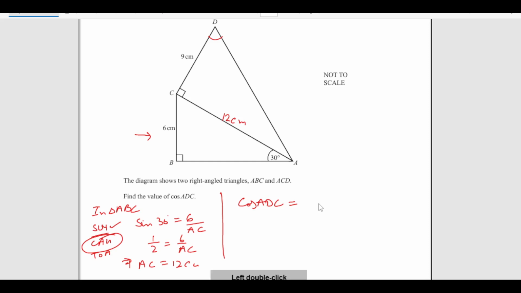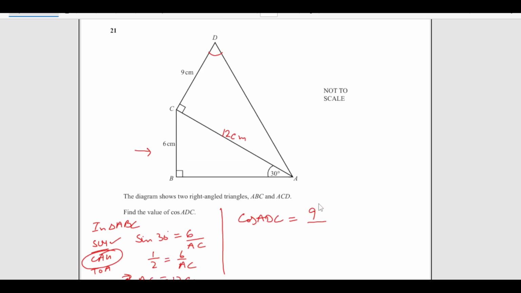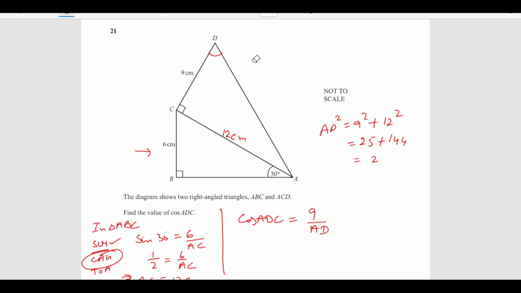This is adjacent, 9, over hypotenuse, which is AD. So first we will calculate AD by Pythagoras theorem. AD squared is going to be 9 squared plus 12 squared, which is 81 plus 144. 9 squared is 81. Why am I writing 25 here?